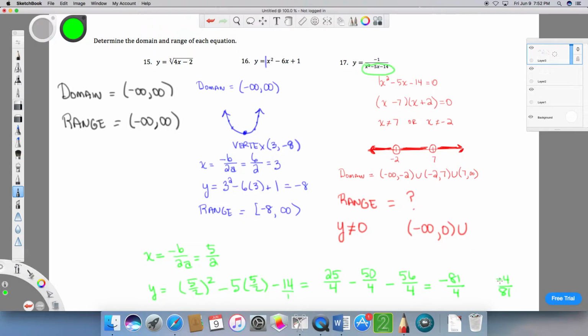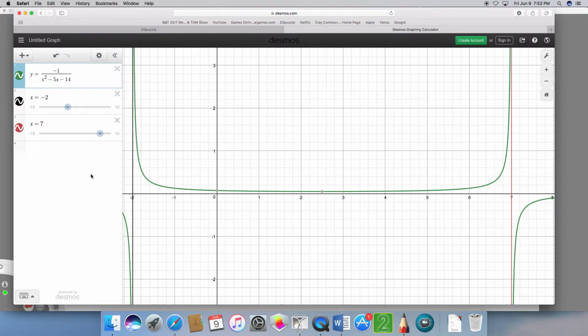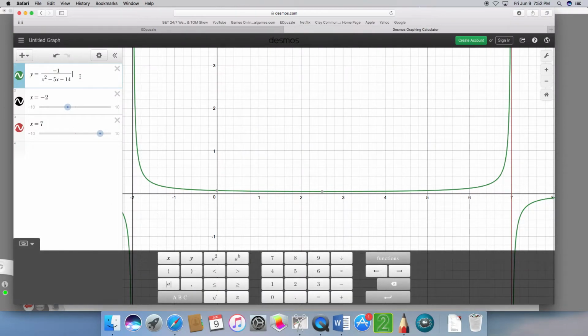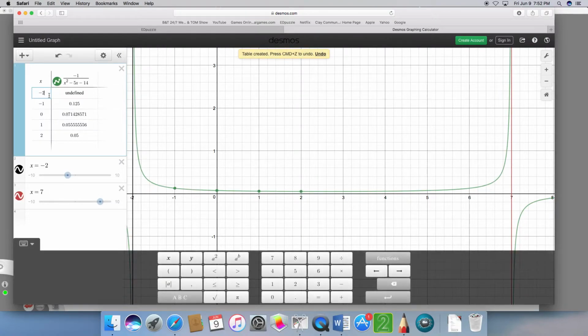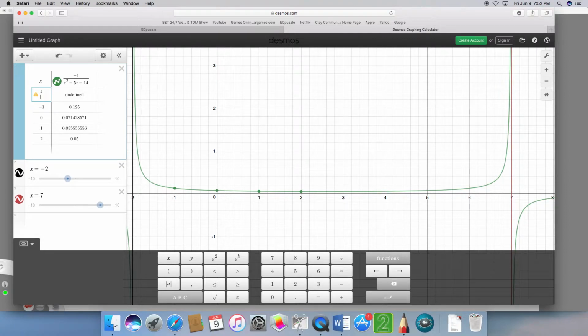So I was curious as to, well, if I plug in 4 over 81 into the table, if I let the graphing calculator tell me what the y-coordinate is for that. So I came in and converted this to a table, and then looked at 4 over 81, and let's delete these other points.